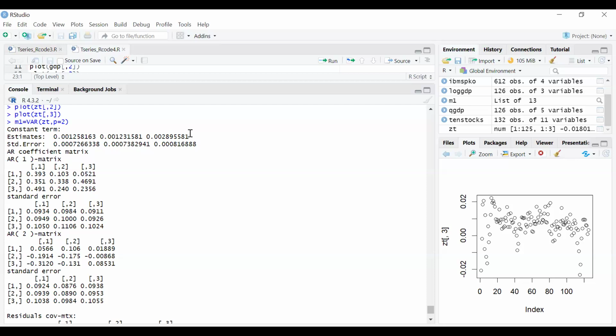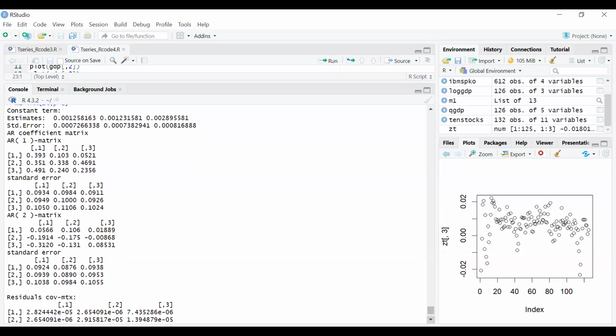And these are the unknown phi parameters. Since I have estimated them from the data, we also have to specify the standard error. So the standard error is given in the next matrix. This is the unknown parameter, this is the associated standard error.